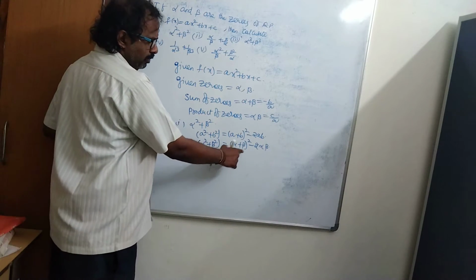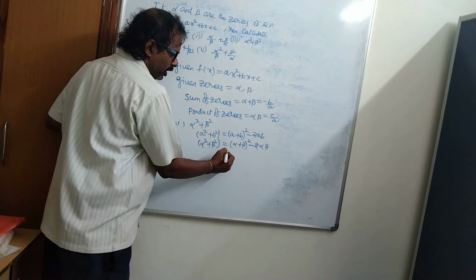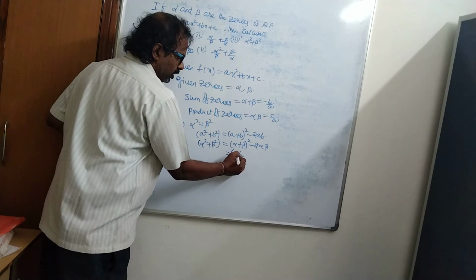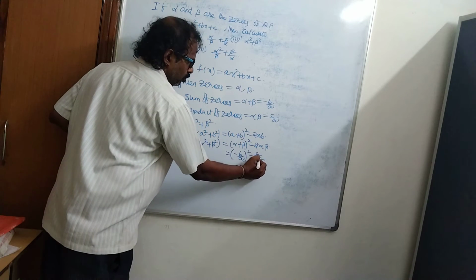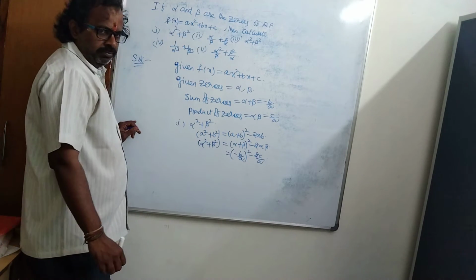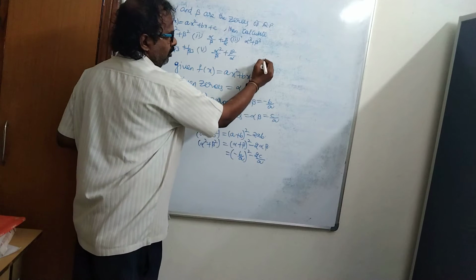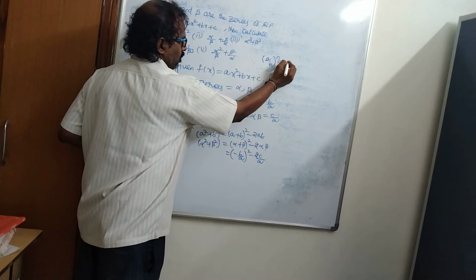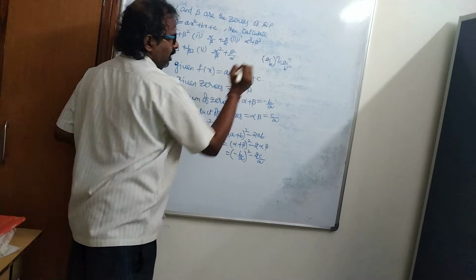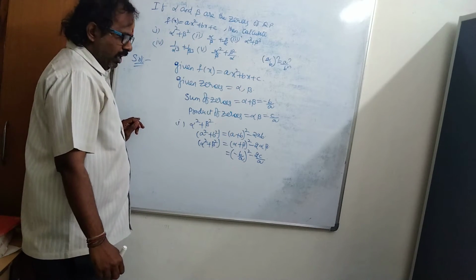Now alpha plus beta is minus b by a, so minus b by a whole square minus 2 c by a. In exponents we have one formula, a by b whole power n is equal to a power n by b power n.